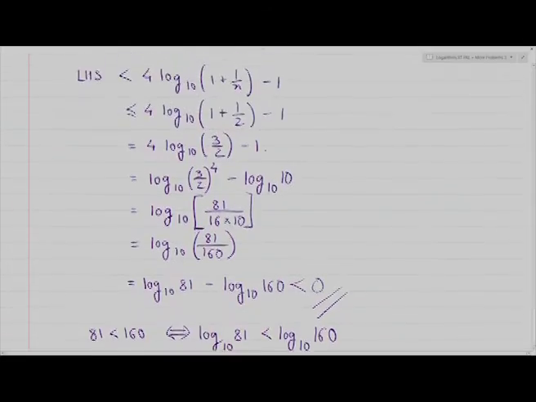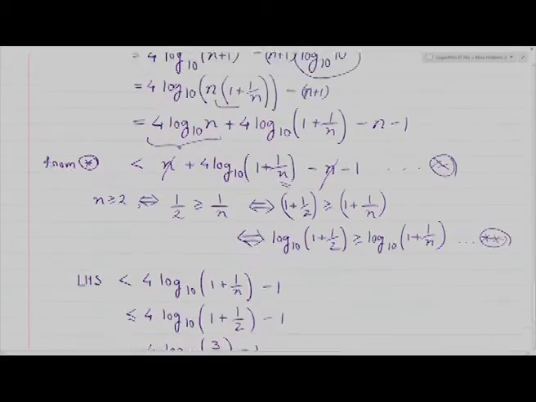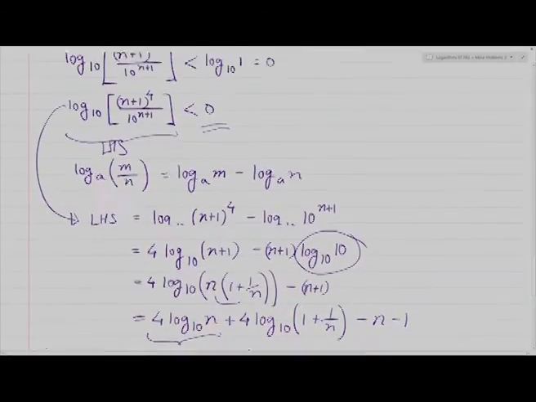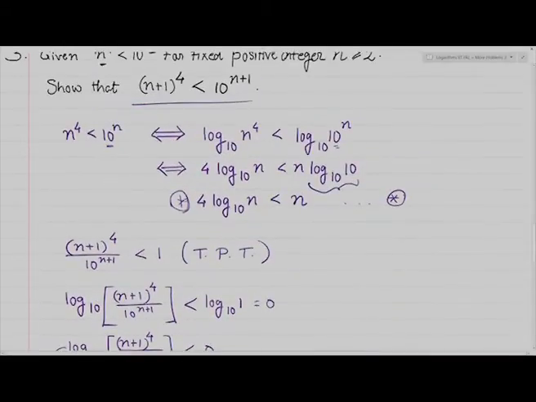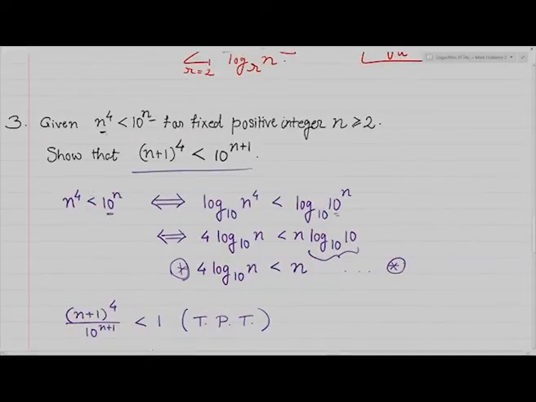So again, let us go back to what we did so far. We were given n raised to 4 less than 10 raised to n for a fixed positive number. Remember this condition is crucial, n is greater than or equal to 2, and we had to show that n plus 1 to the 4 is less than 10 raised to n plus 1.